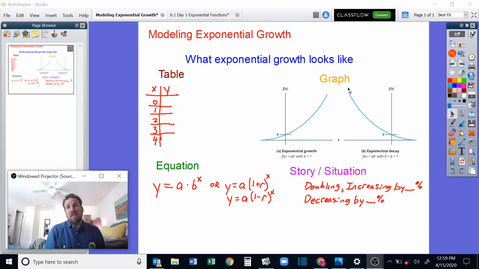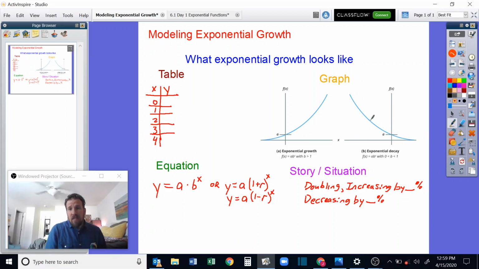For exponential decay, it starts off really steep, and actually if we kept walking up this graph, this would continue to get steeper, kind of takes off like a rocket. And then gets shallower and shallower. And we talked a little bit about the way that this approaches that x-axis. We talk about how that approaches it, but it never quite hits it.